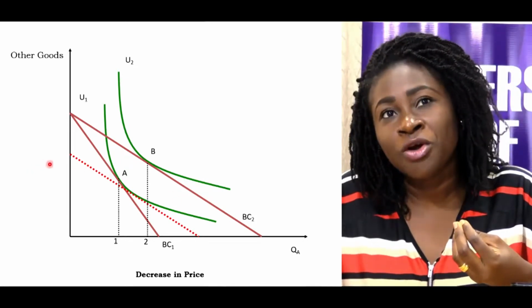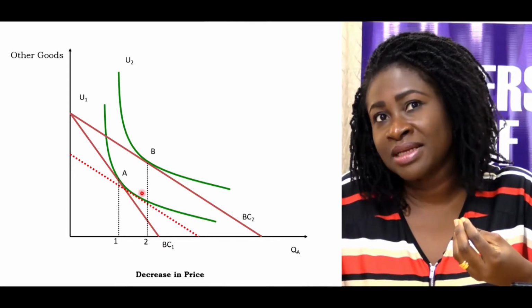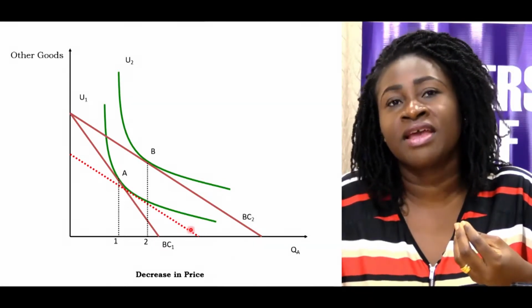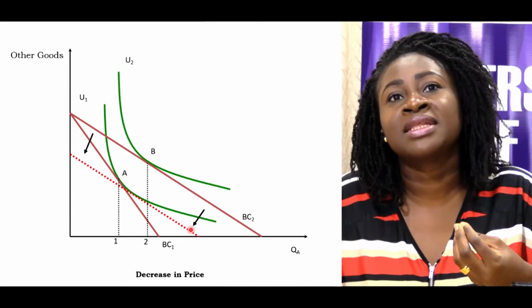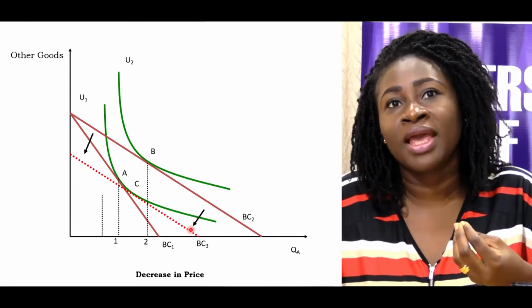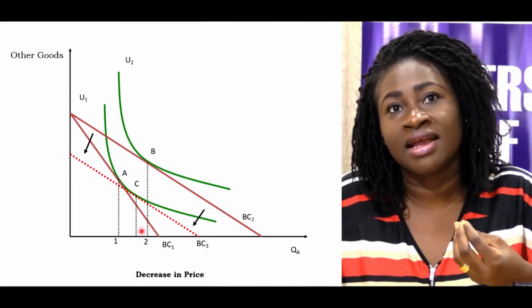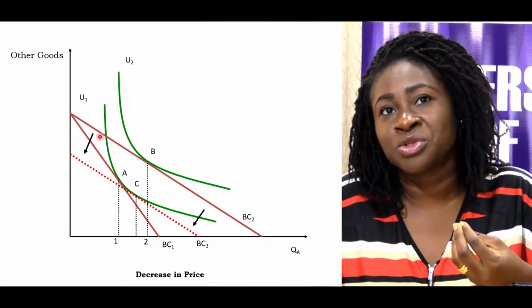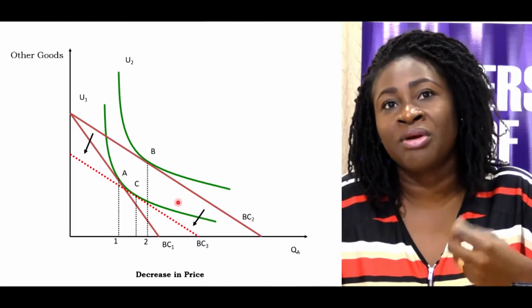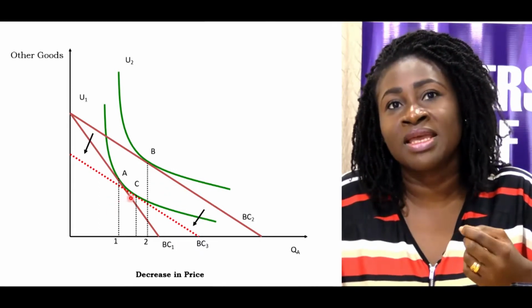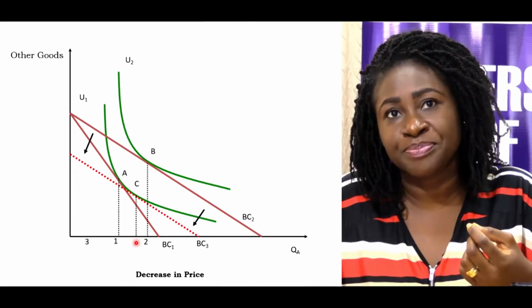We draw that imaginary budget line tangent to the old indifference curve, and you see that the consumer picks point C, where the utility level is not changing. But with new prices, the consumer increases consumption of QA.